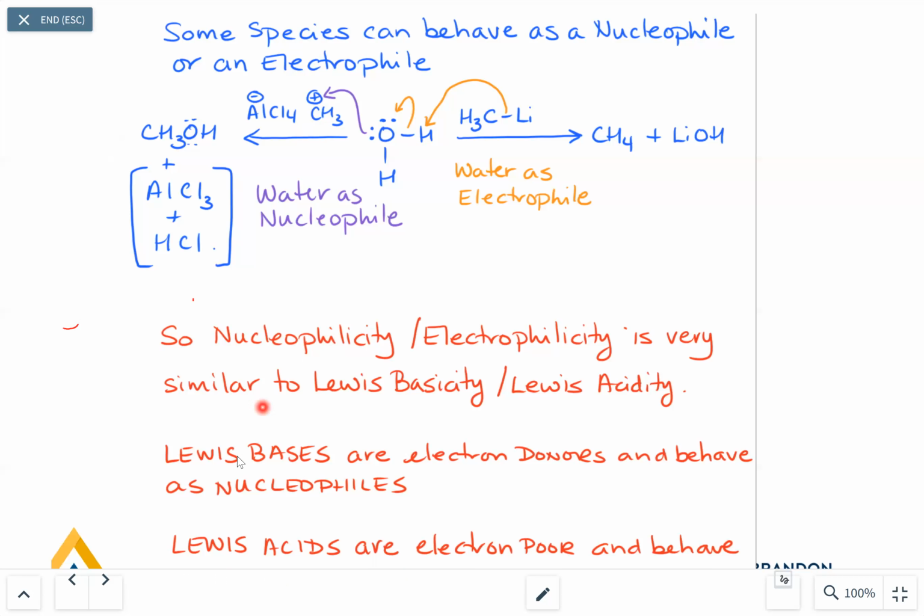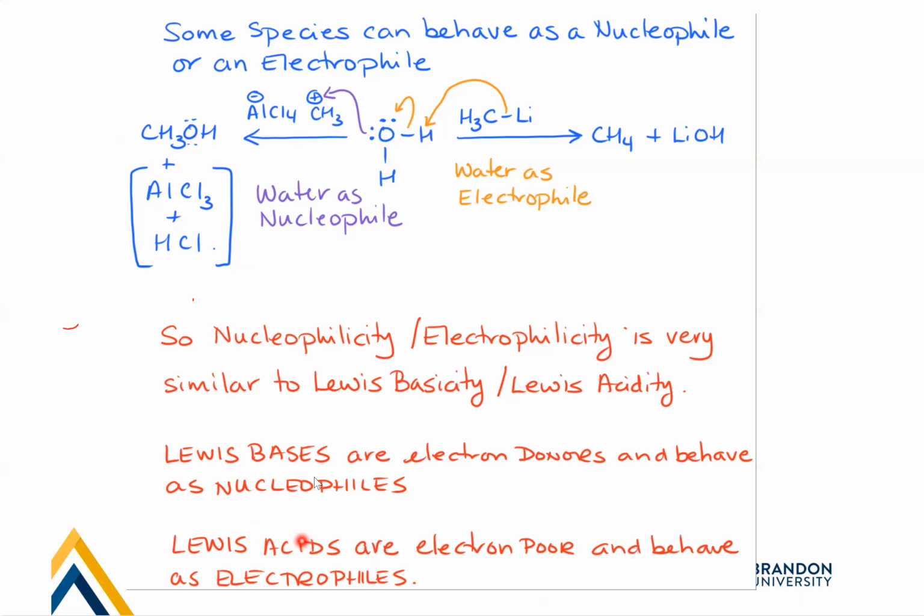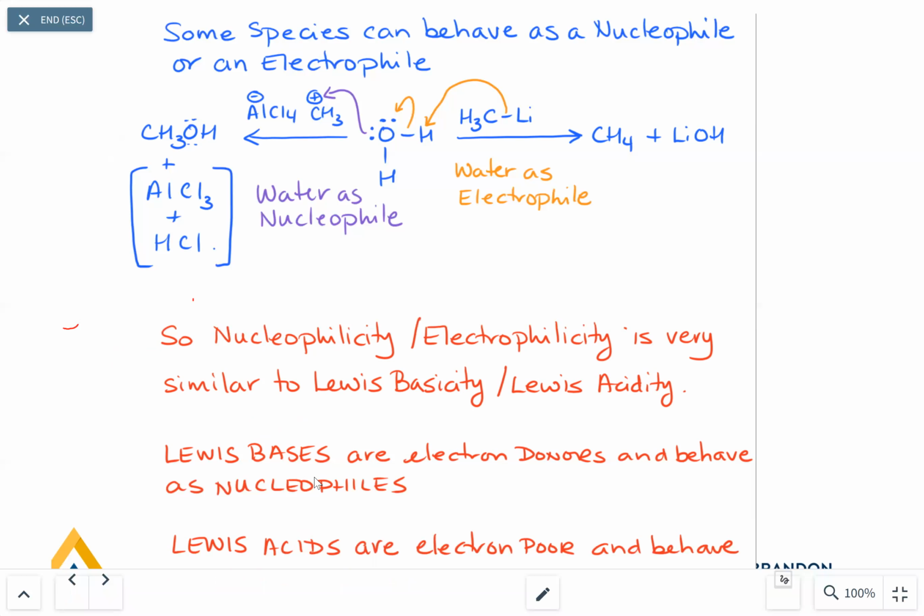Most nucleophiles are like Lewis bases, and most electrophiles are like Lewis acids. The technical definition of a Lewis base was that you had a lone pair you could donate, whereas with some nucleophiles it can be a lone pair, but it also can be a sigma bond or a pi bond. That's a slightly nuanced difference between the two.